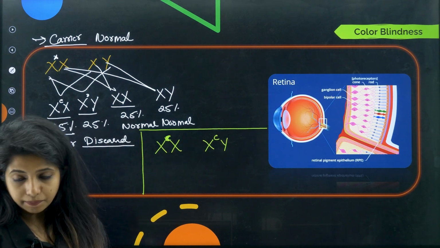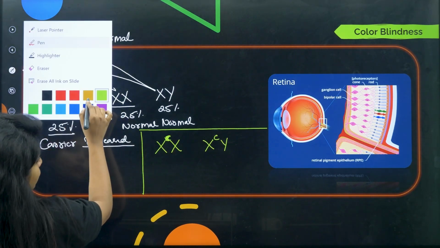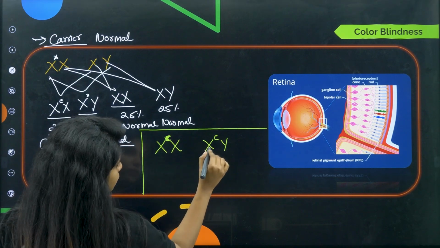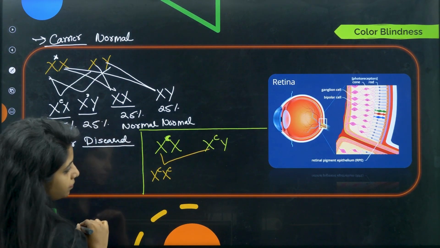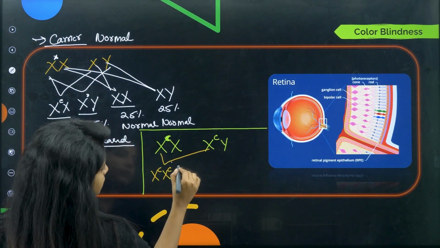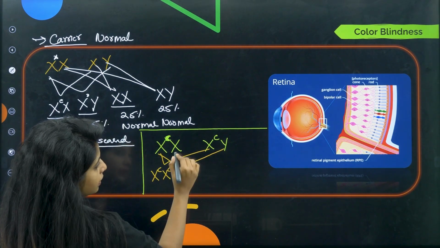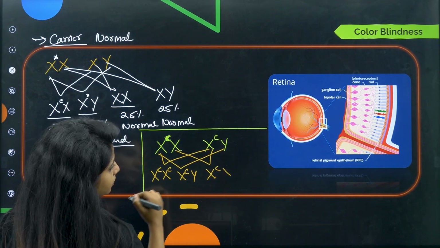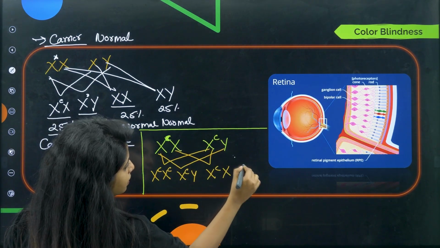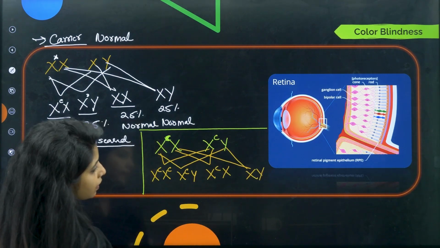At this point of time, what all chances are there that the progenies will have color blindness or not? So let's cross this and this. If we cross, I get XC, XC. This and this if I cross, I get XC and Y. This and this if I cross, again I get XC and then X. This and this if I cross, I get X and Y. Fine.